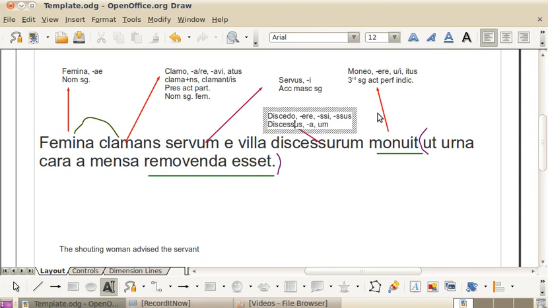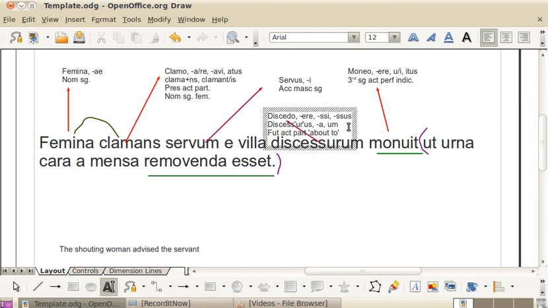But before these adjectival endings, we have the insertion of a -ur-, discessurus, -a, -um. Well, that is indicative of the future active participle. The future active participle declines in the first and second declension, and we translate it about to do something, whatever the verb means.